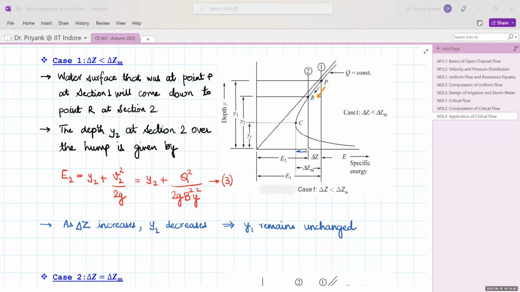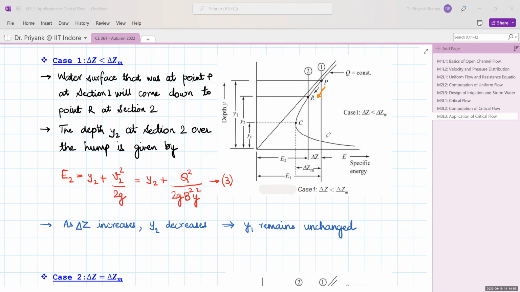So E2 will go on reducing. So in this case, your point on the specific energy curve will shift from point P to point R. So that means your specific energy E is decreased by an amount of delta z.